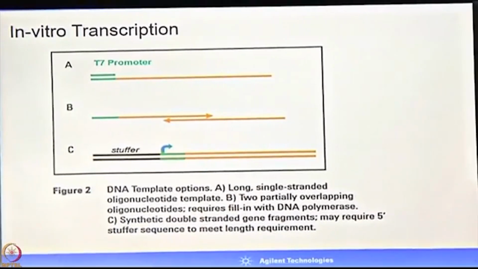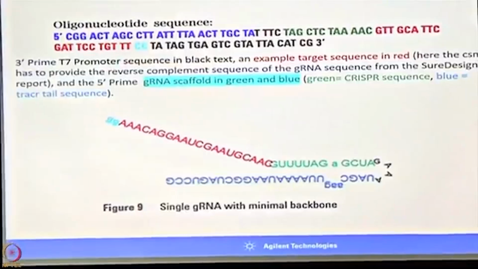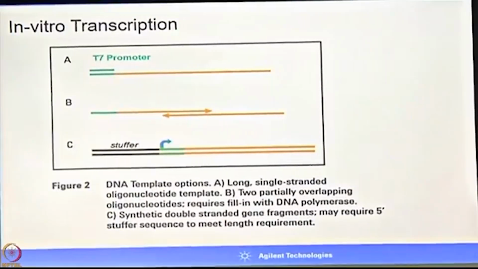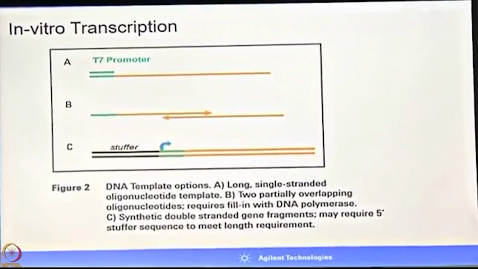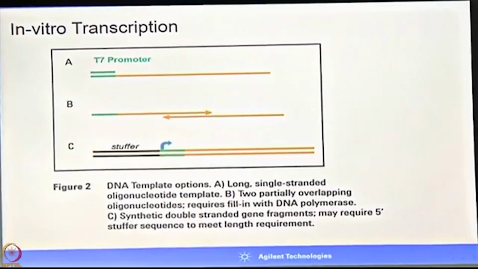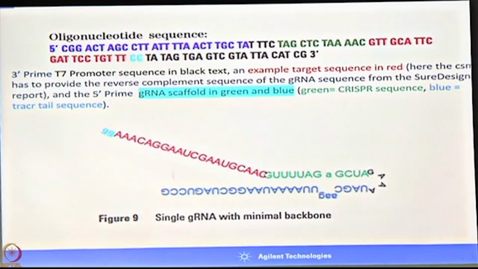Just add the T7 promoter on that, and with the kits that have the T7 primers, go for in vitro transcription to make a guide RNA. In in vitro transcription, you make a guide RNA which is reverse complementary to the target. So this is the kind of guide RNA.